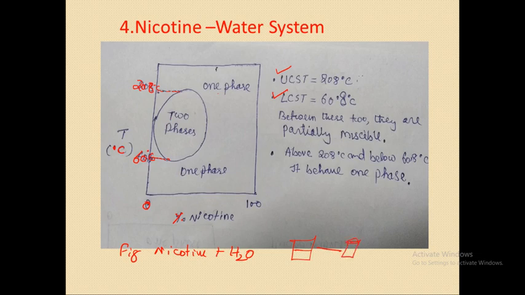Similarly, when the temperature is below 60 degrees, one solution layer can be seen. So this is the nicotine and water system. This is all about the partial solubility of partially miscible liquids and the effect of temperature in the liquid-liquid solution.